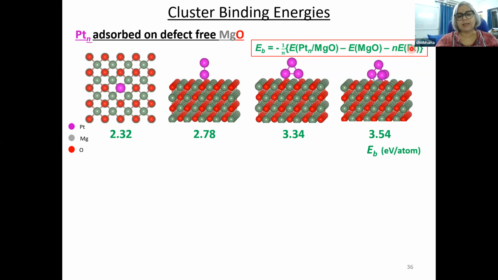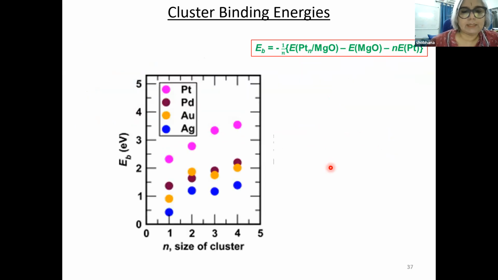So this binding energy has two things in it. It tells you how strongly the cluster binds to the MgO support, and it also includes the binding between the atoms in the cluster. So these are the values per atom. You see that it is obviously dependent on the number of atoms in the cluster.